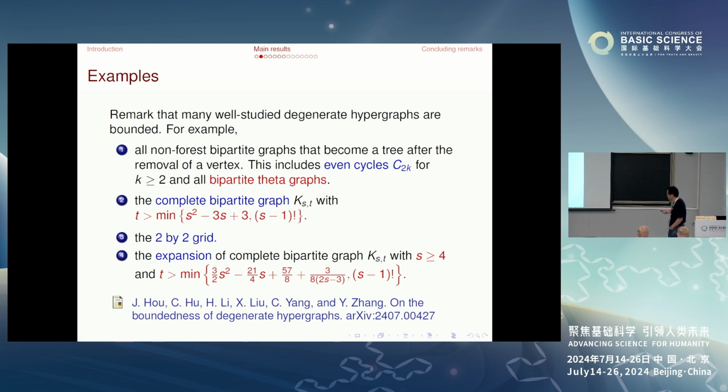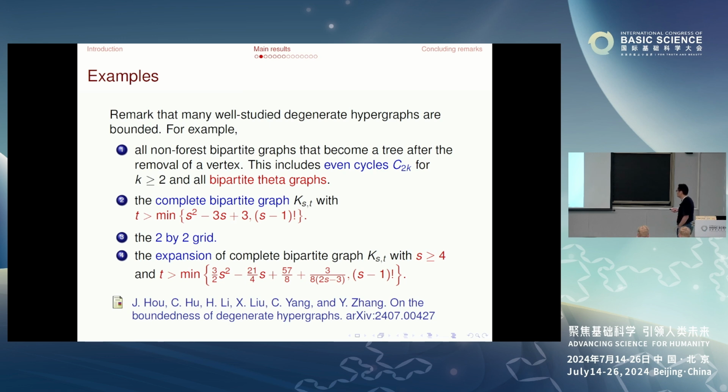However, we need t at least something like this. And the 2 by 2 grid is also bounded. Another one is the expansion of the complete graph, or the complete bipartite graph.